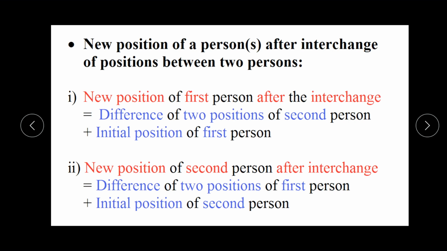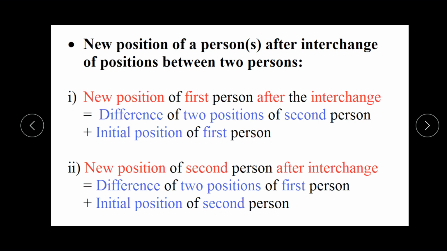Because if two persons are given, one person is from the left side and the second person is from the right side. After interchanging, one person went to the second person's position and the second person came to the first person's position. First person's position is given, second person's position is given. After the interchange, one of their positions will be given.